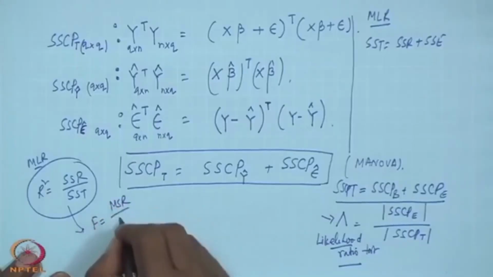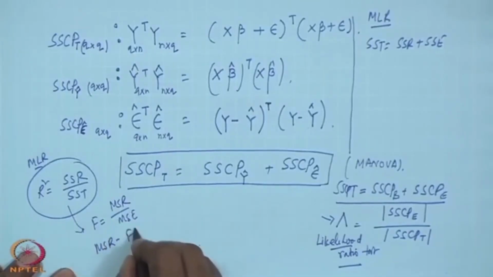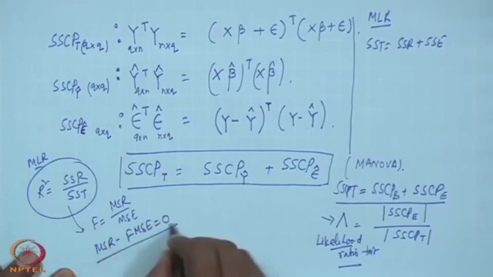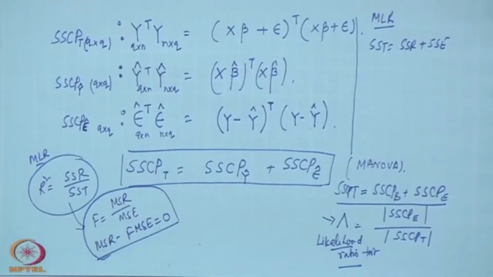But yes, there are some other measures which were derived based on the F ratio, F statistics point of view, that is MSR by MSE. In the ANOVA table you found F equal to MSR by MSE. So, MSR minus F MSE equal to 0. This type of relationship can be used and we will find some measures with respect to this.